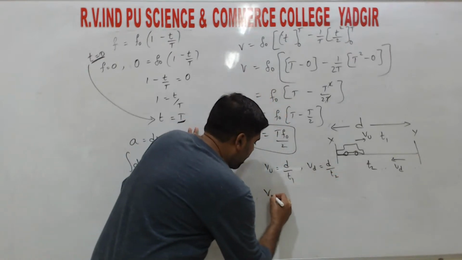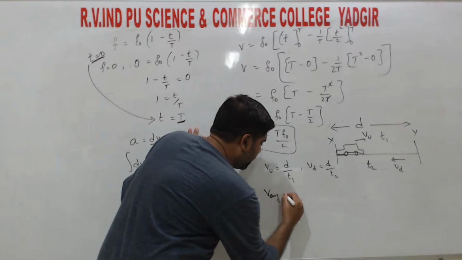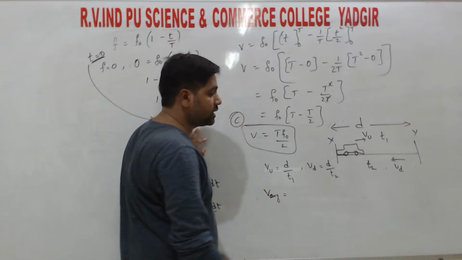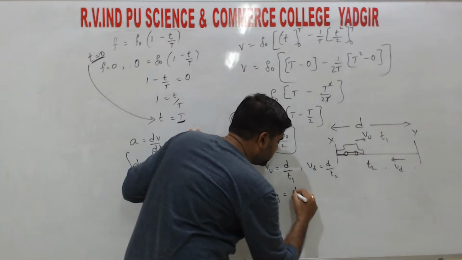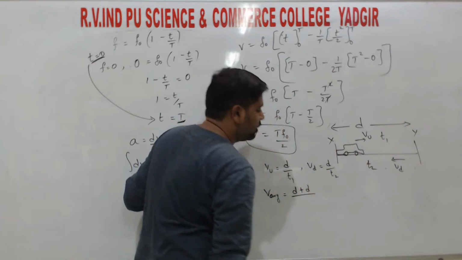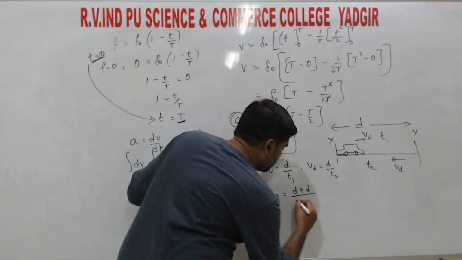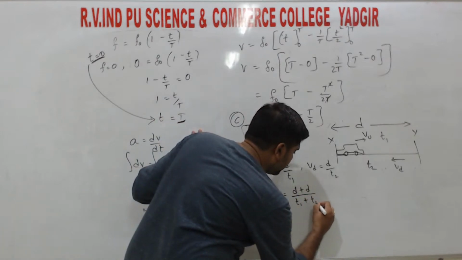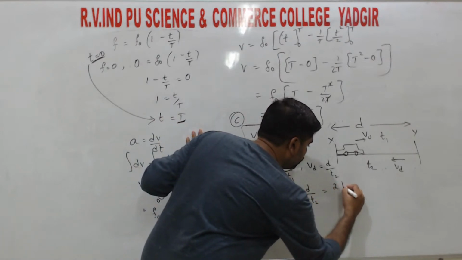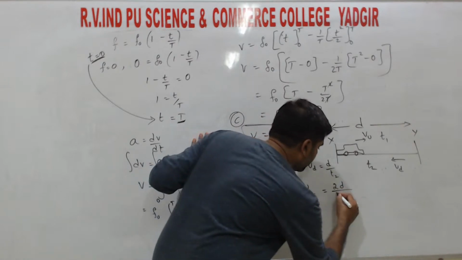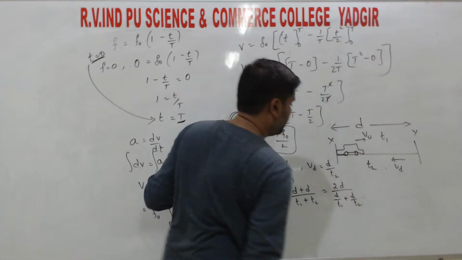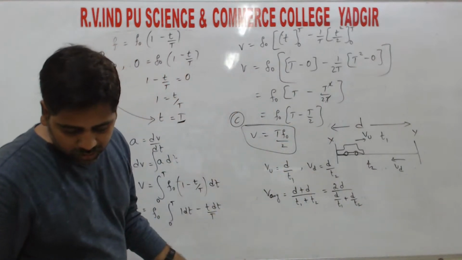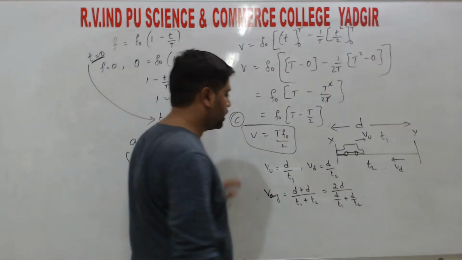So now average speed is equal to total distance traveled, that is from x to y, from y to x, that is d plus d divided by total time taken, that is t1 plus t2, right? So that is equal to 2d divided by d by t1 plus d by t2. So they are asking in terms of velocity, right?